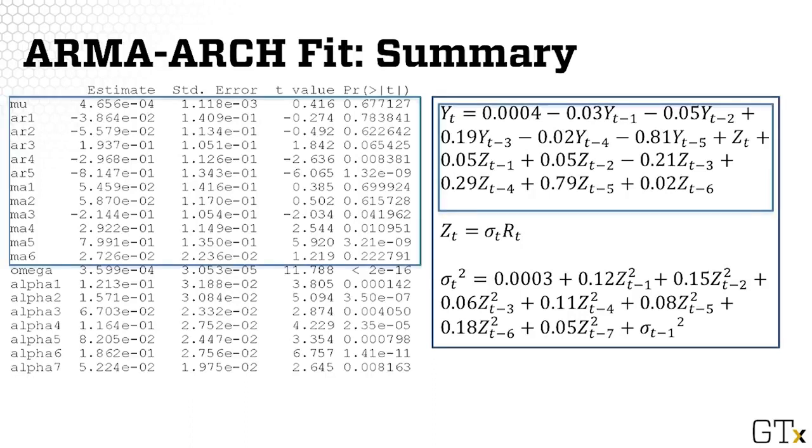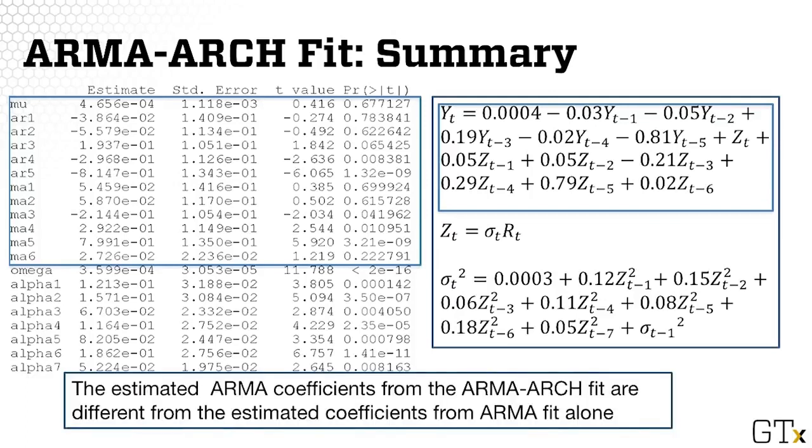In fact, comparing the estimates from the ARMA process that we initially estimated, disregarding the ARCH portion of the model, to the estimated coefficients using the joint ARMA-ARCH model, we find that the estimated ARMA coefficients from the joint ARMA-ARCH model are different from the estimated coefficients of the ARMA fit alone.